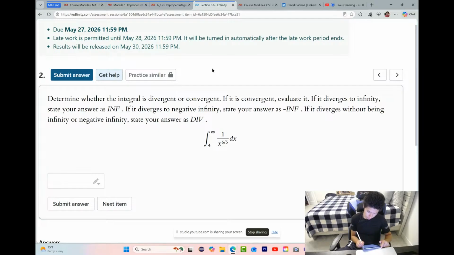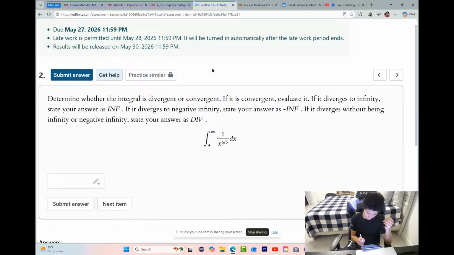And this is equal to 1 over x to the power of 1/5. Wait, I'm missing a bunch of things too. It's x to the power of negative 1/5 times 1 over negative 1 over 5.